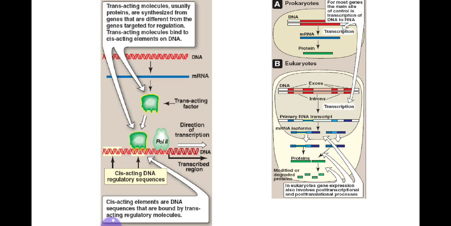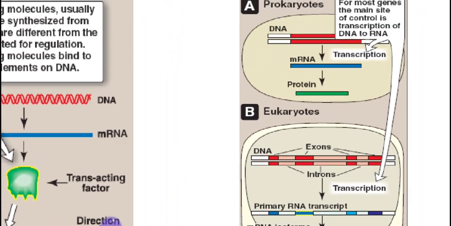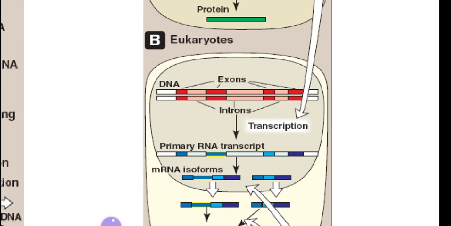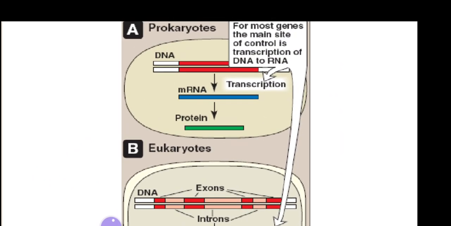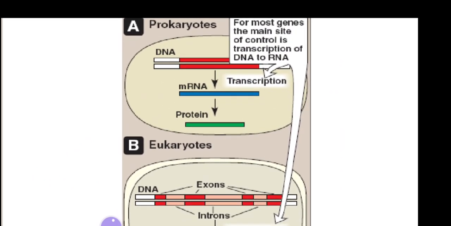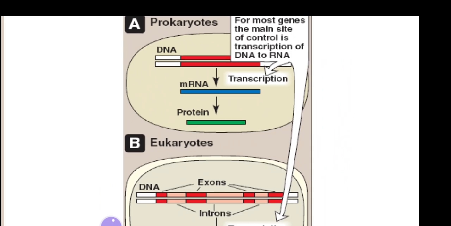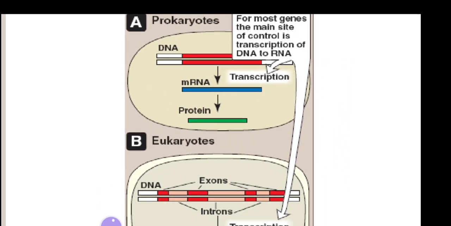Regulatory sequences and molecules. What are regulatory sequences and molecules? First of all, we will see how the prokaryotic genes are regulated and how the eukaryotic genes are regulated. See the upper diagram where prokaryotes is written. For most genes, the main site of control is the transcription of the DNA to RNA.